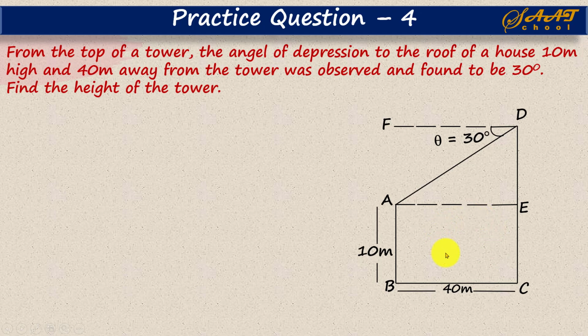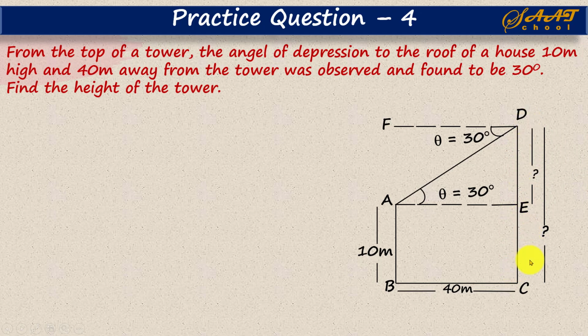Now in this case, we have to find the height of the tower, and since these two lines, FD and AE, are parallel, then these two angles are equal. They are alternate angles. So here we have to find the height of the tower, which is CD.